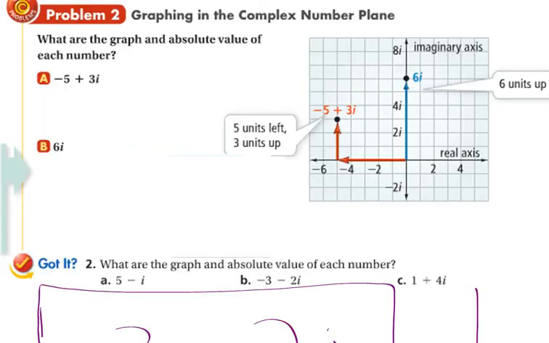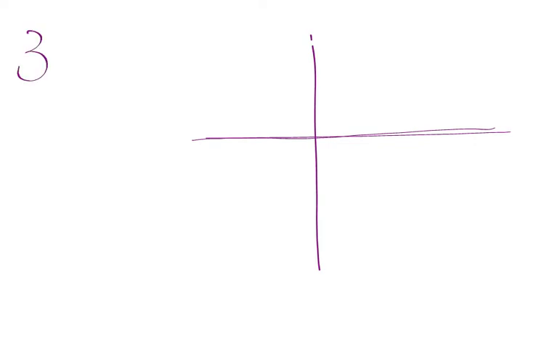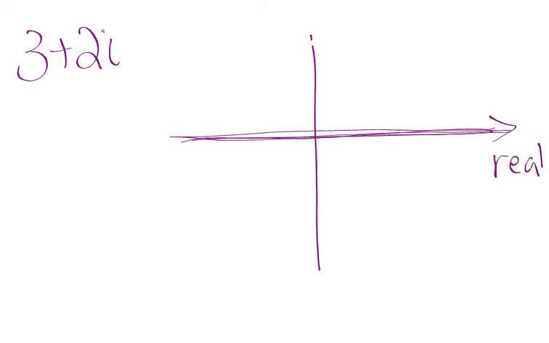On a complex number plane, you have the real part. Let's say we've got 3 plus 2i, and they ask us to plot this number. The horizontal axis now is our real axis. And the vertical axis, which used to be our y-axis, we call the imaginary axis.